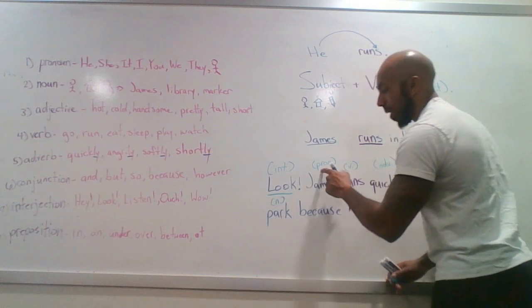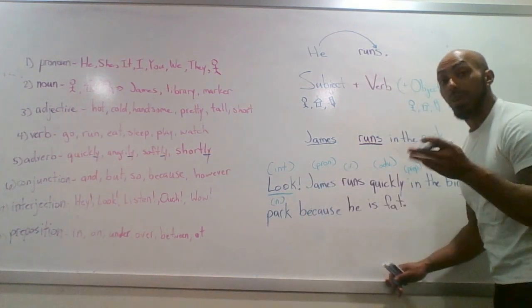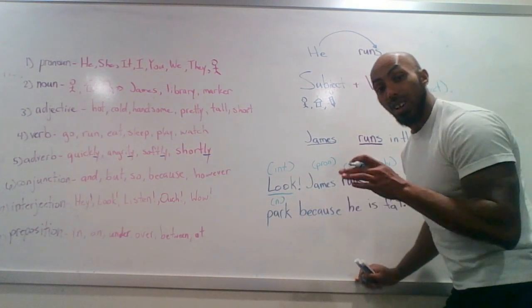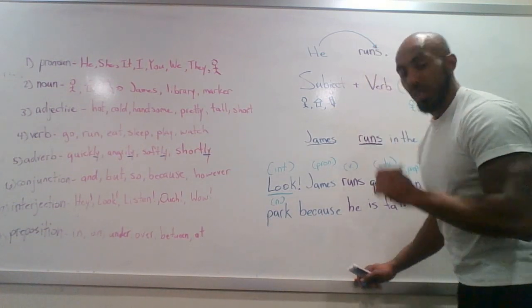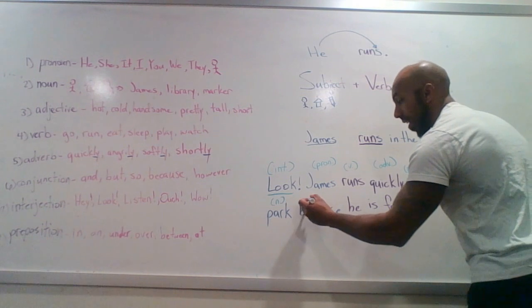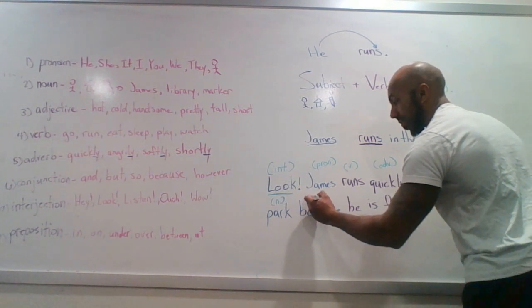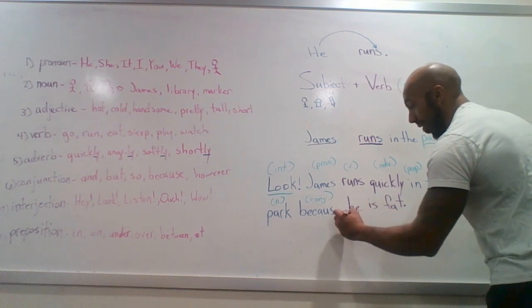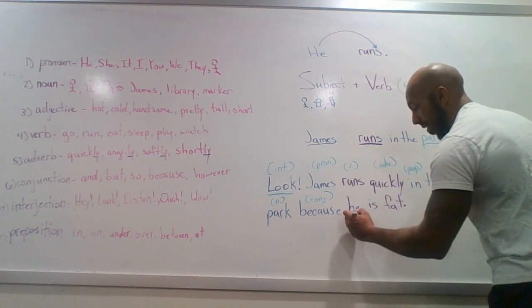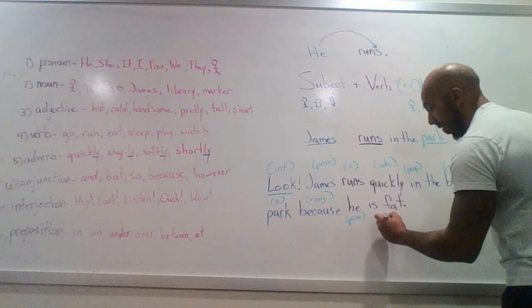Okay, we'll split out pronoun and noun just to show that we can use all of these in a sentence without using one word more than once. Okay, here we have a conjunction. Okay, here we have another pronoun. I'll write it down here. And here we have another adjective.